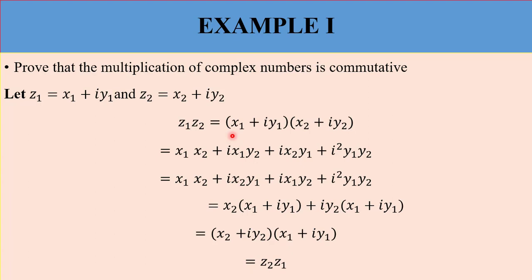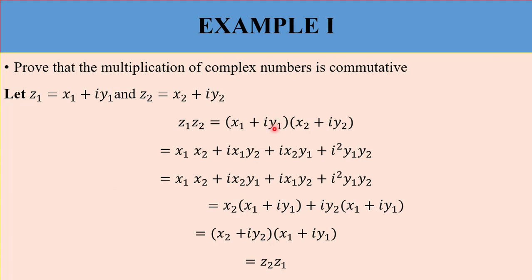So here we shall have (x1 plus iy1) times (x2 plus iy2). If you open brackets here, we shall have x1 times x2, which will be x1 x2. Then the next will be x1 times iy2, which will be ix1 y2. And then the next will be iy1 times x2, which will be ix2 y1.